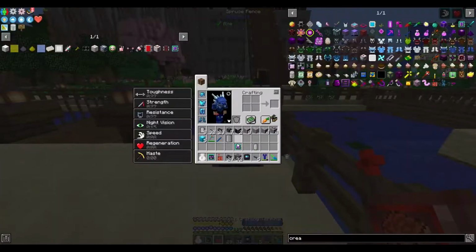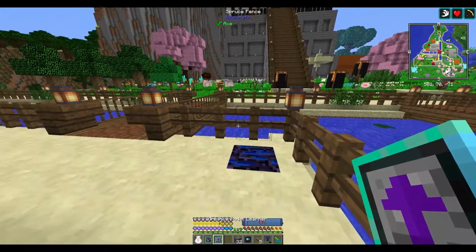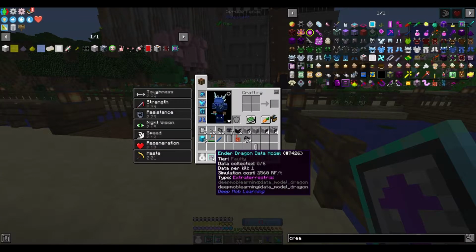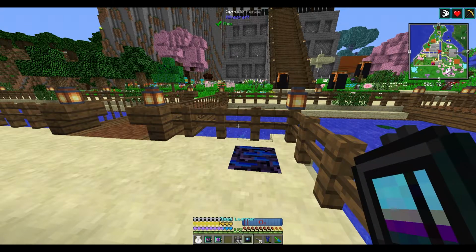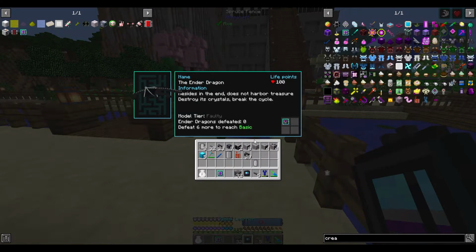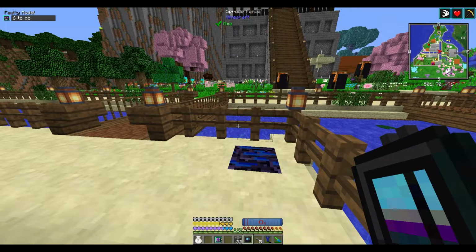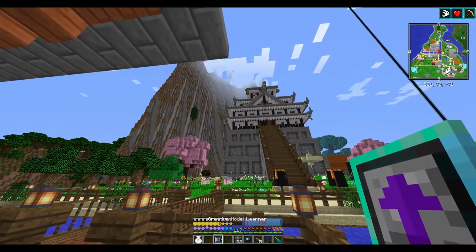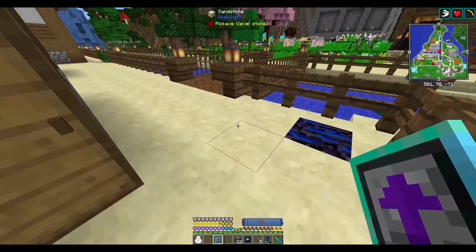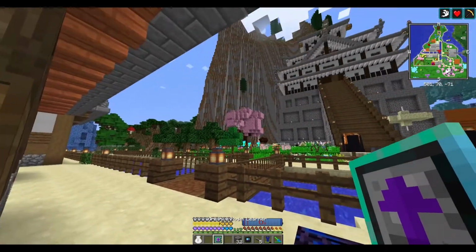Yay. Okay, so how do you use this creative model learner? Let's use this as an example. You can see the tier is faulty, right? Type, extraterrestrial, simulation cause, yada yada. Now, the thing is, when you put this into your deep learner, like so, you just need to hold shift right click with this model.